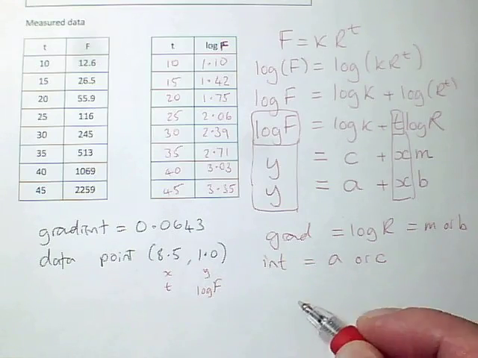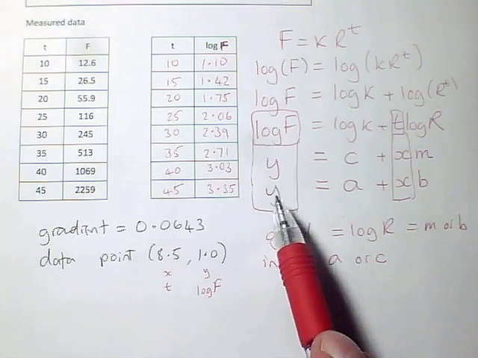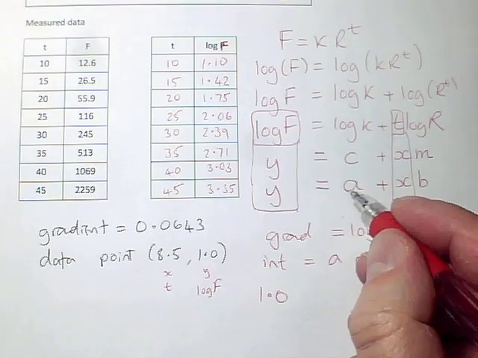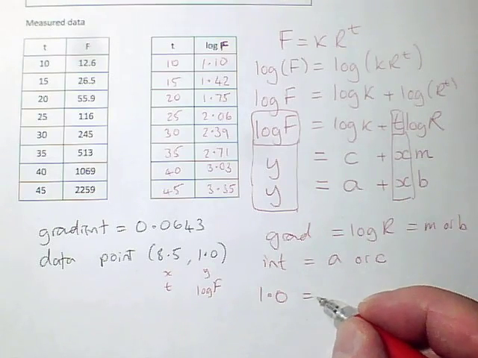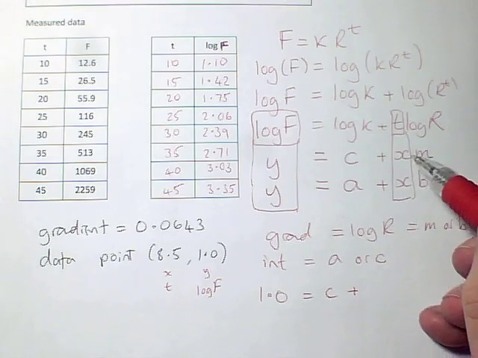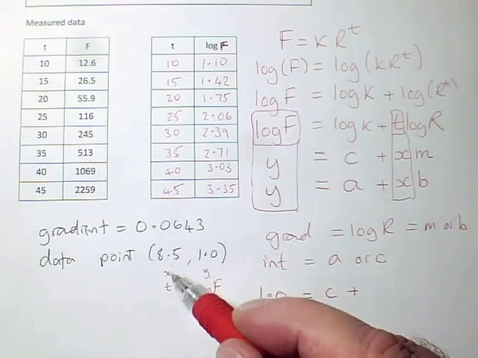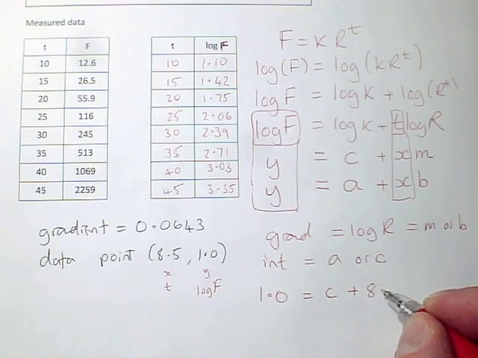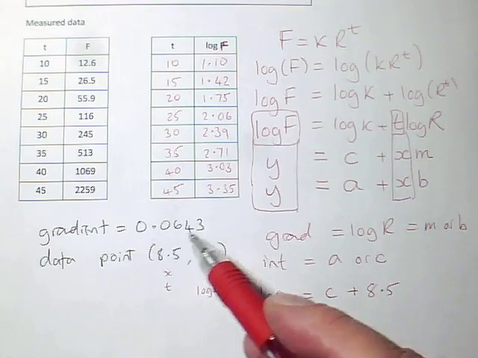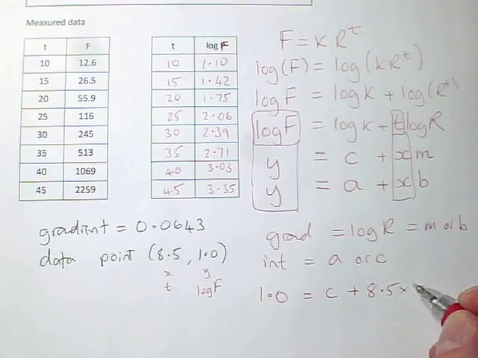So my data point, I'm going to put the y value in, 1.0, equals a or c, the intercept I'm trying to find, I'll use c, plus the x value, so the x-coordinate of my data point was 8.5, times m or b, which was the gradient, this 0.0643.